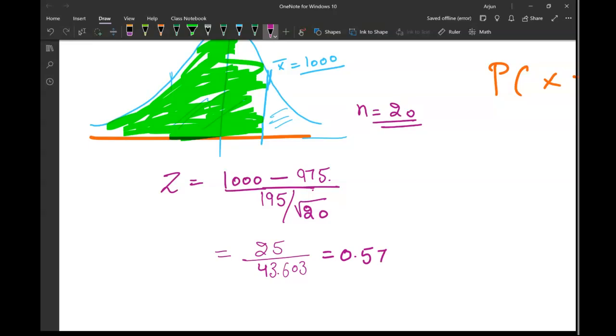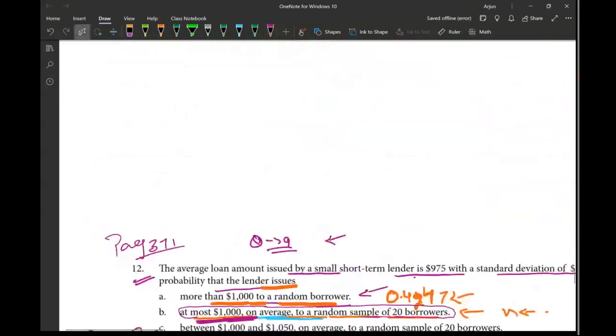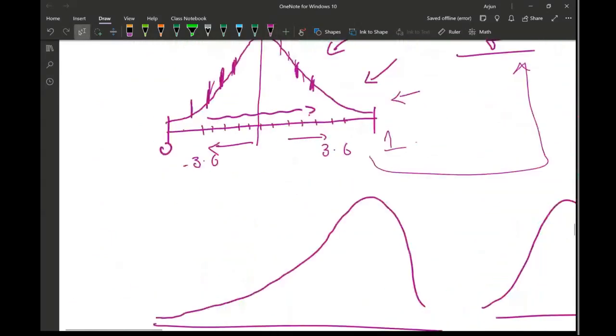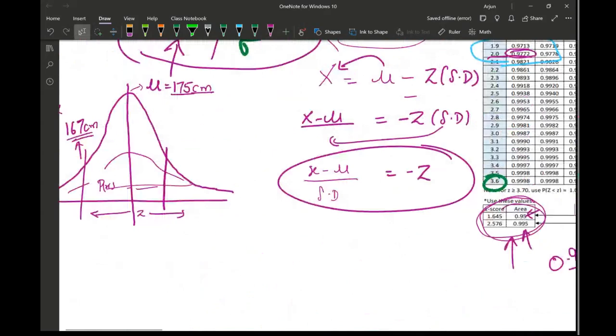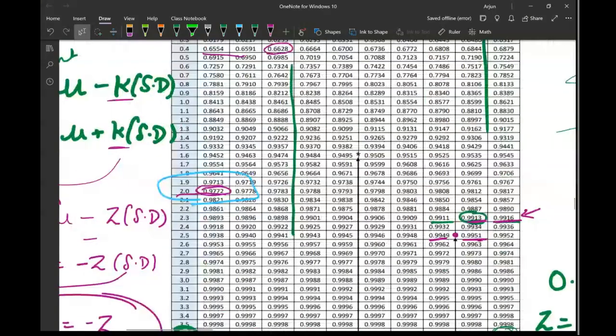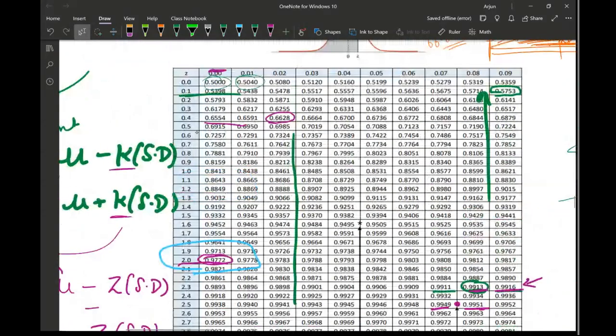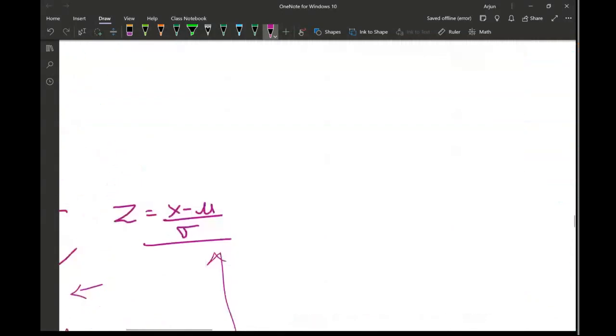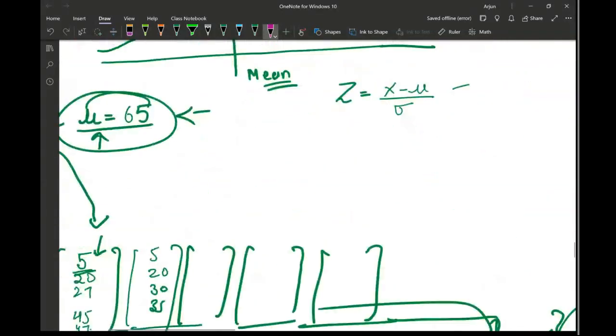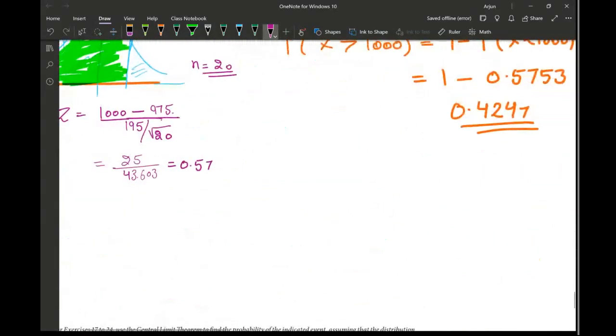Now, corresponding to the z value of 0.57, I'll look for the value in the table. The z value of 0.57 gives 0.7157.